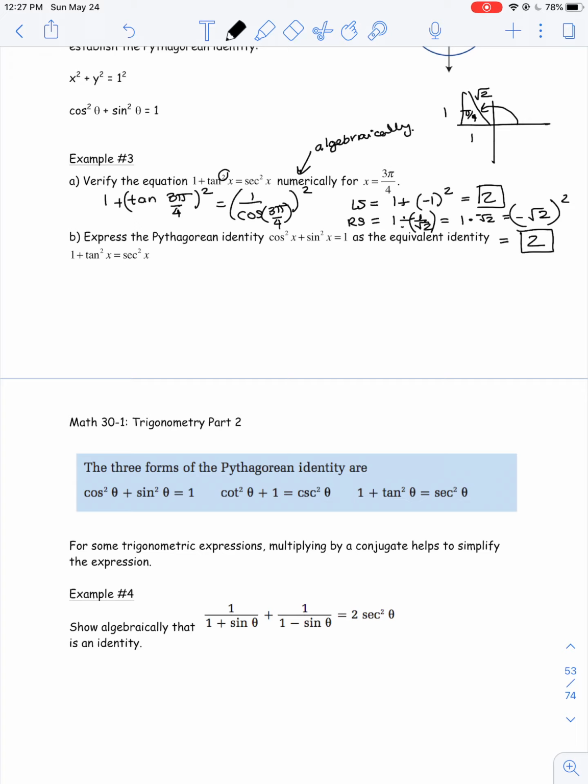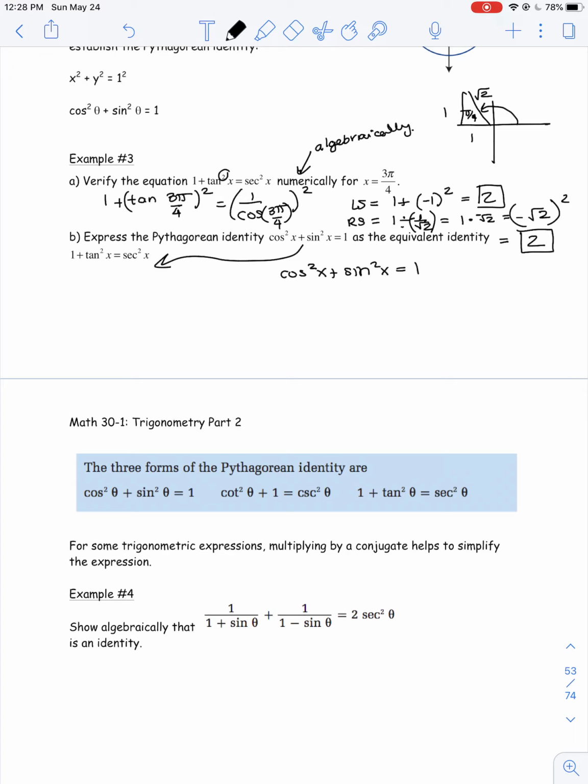So first of all, let me write it out here. So step 1, in order to get it to look like that, I'm going to have to take cos squared x plus sine squared x equals 1.